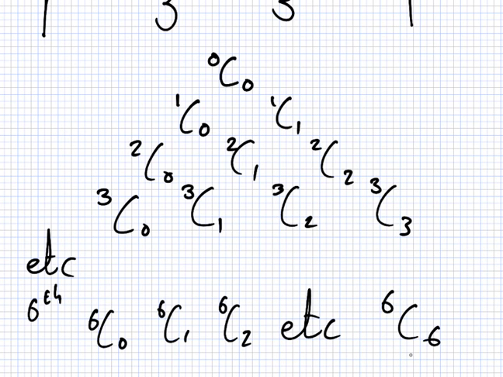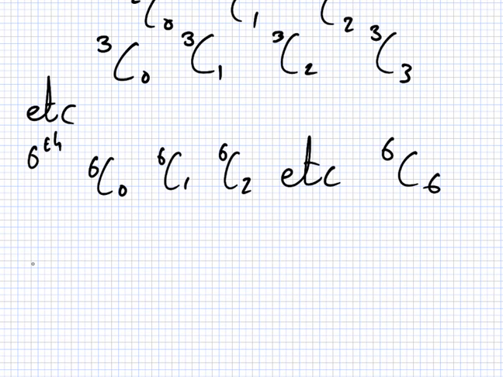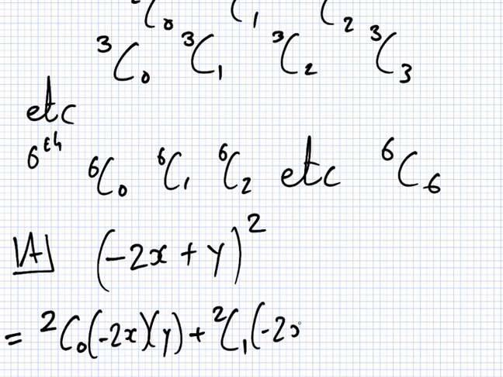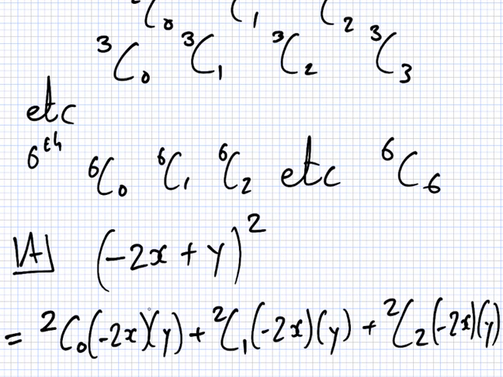So I'll do 1A now. Minus 2x plus y, squared. So that is 2C0 minus 2x squared, plus 2C1 minus 2x y, plus 2C2 y squared.